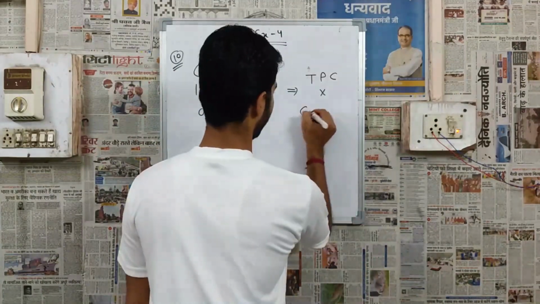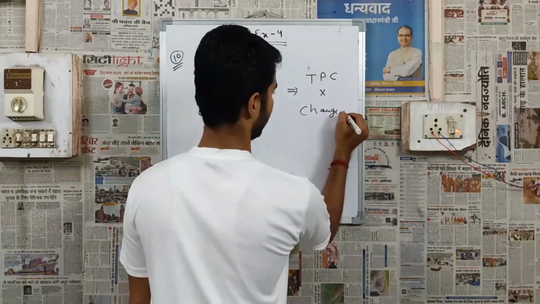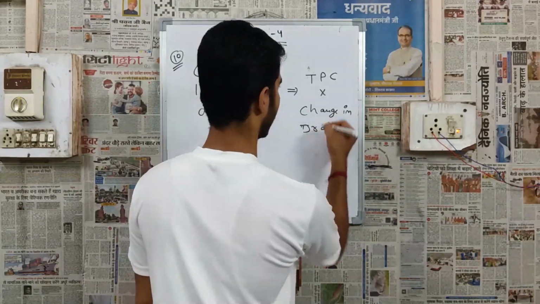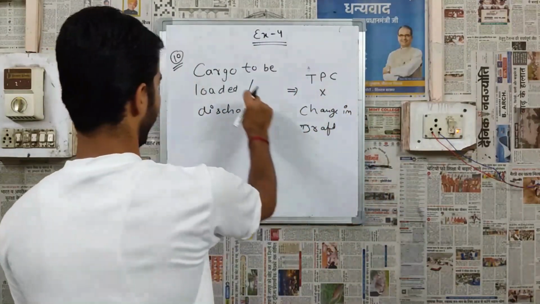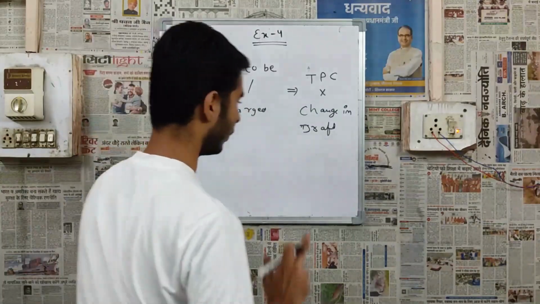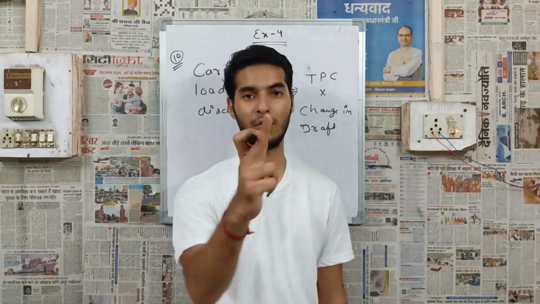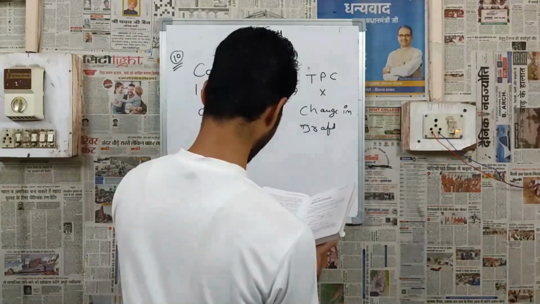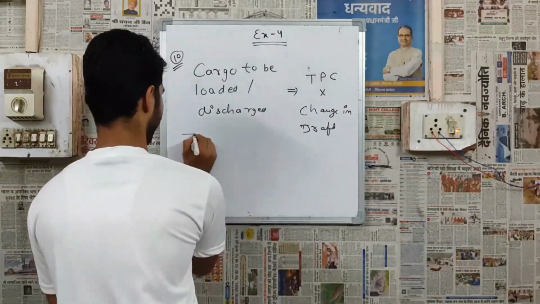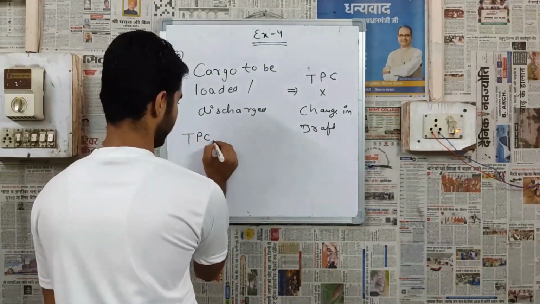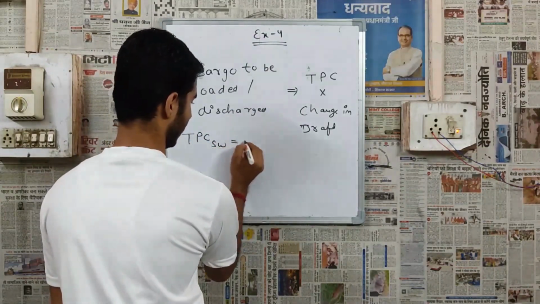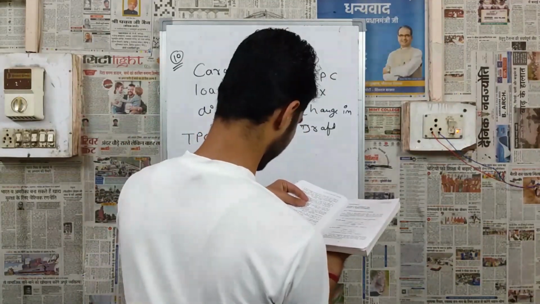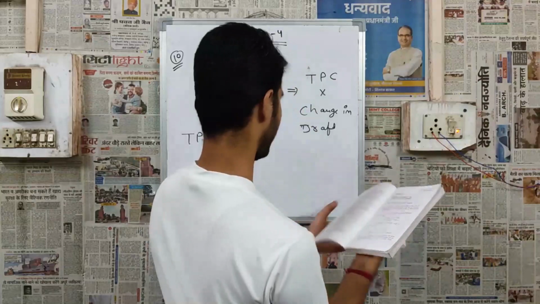Now we have to find the TPC also. When we have both the terms, we will multiply them, and that is the cargo to be loaded to bring the ship to 8.4 meter draft from 8.2 meter. Now TPC of salt water is 40 and our ship is in dock water whose density is 1.010.